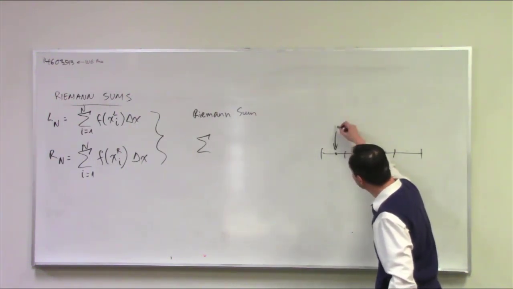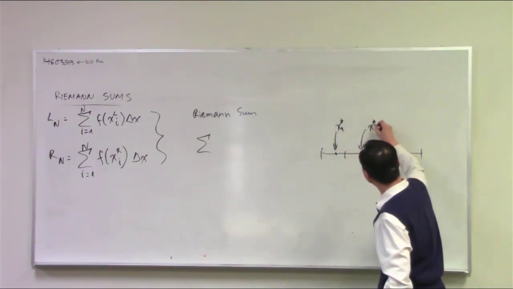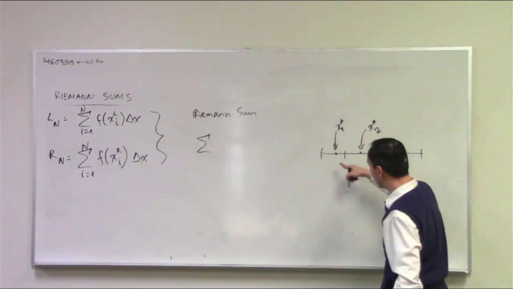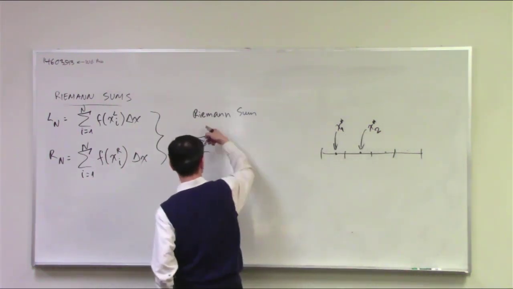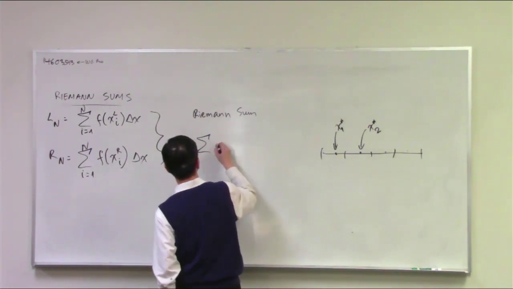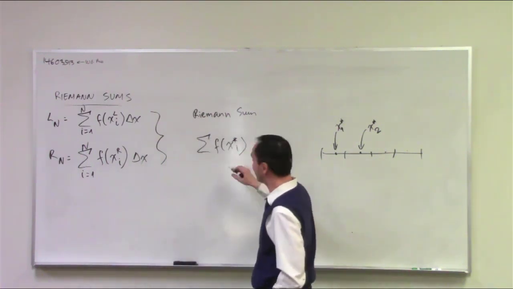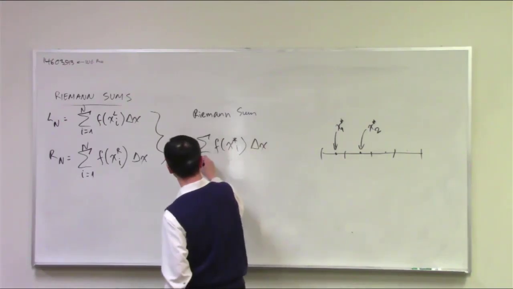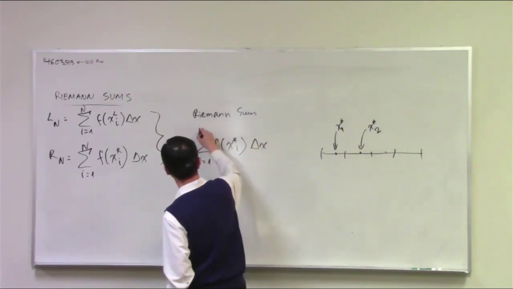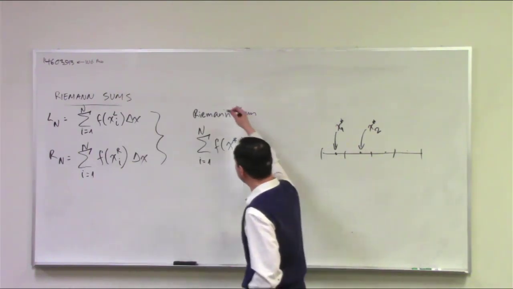So this is some x star 1 right there. This is some x star 2. Remember the idea? And they don't have to be at a specific location. And so, in general, the Riemann sum is the function evaluated at some sample point x star in each of the i-th intervals, multiplied with delta x. And yes, we already wrote down the simple case that delta x is simply equal-width.